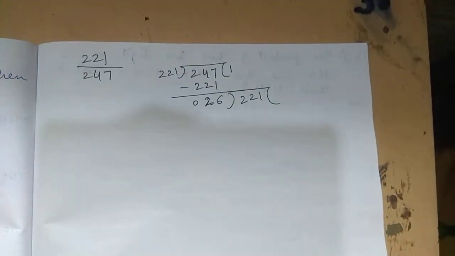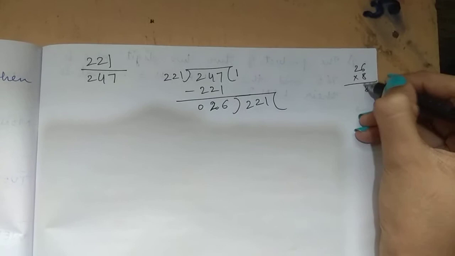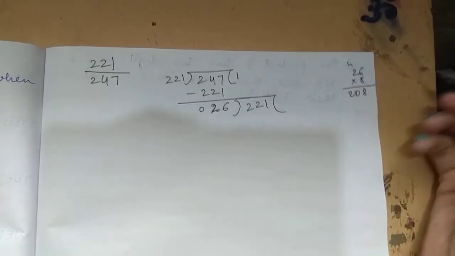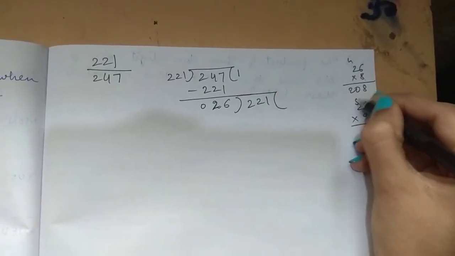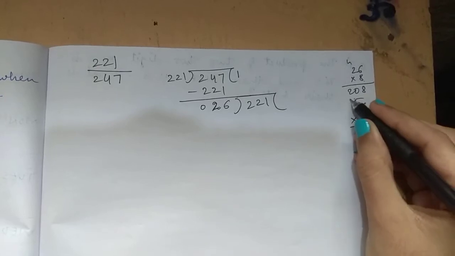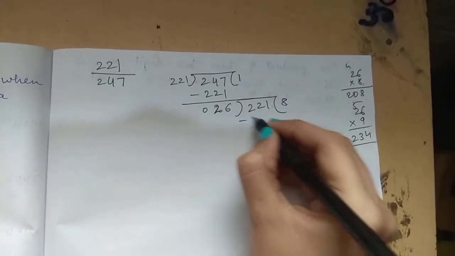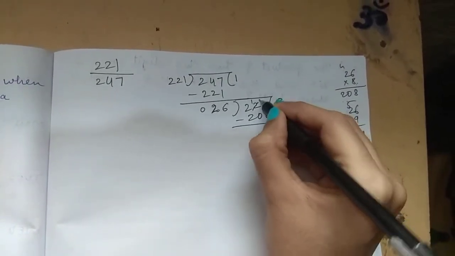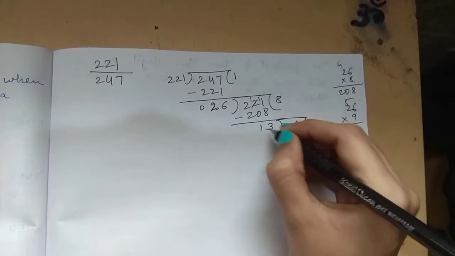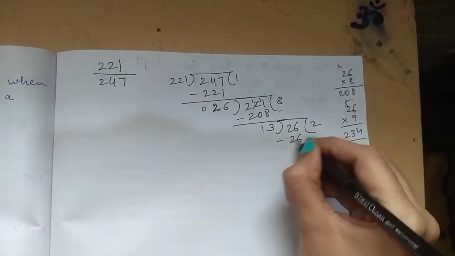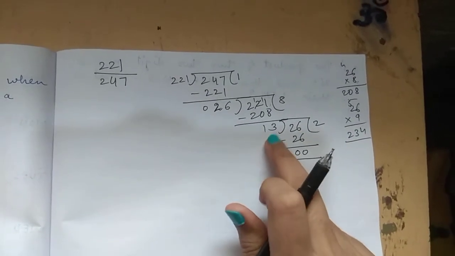Let's check 26 eights in the rough column. 26 nines are. So we will take eights. Now 26 will come inside. We know 13 twos are 26. We got remainder 0, so we will stop here. Therefore, our HCF is 13.